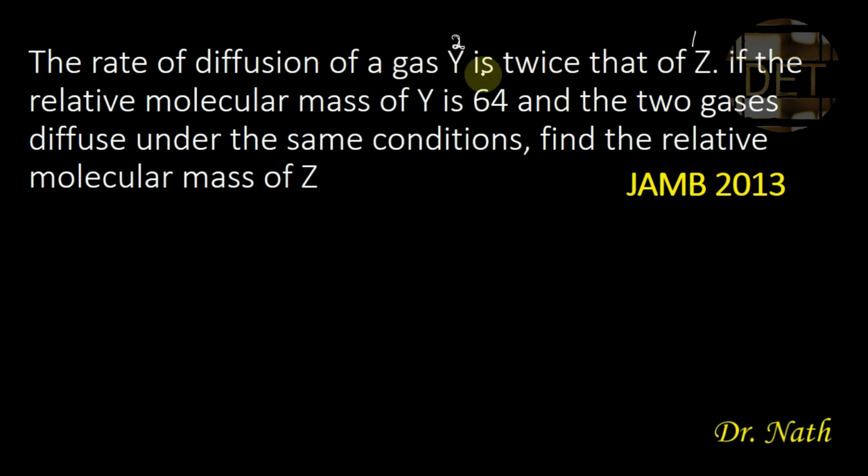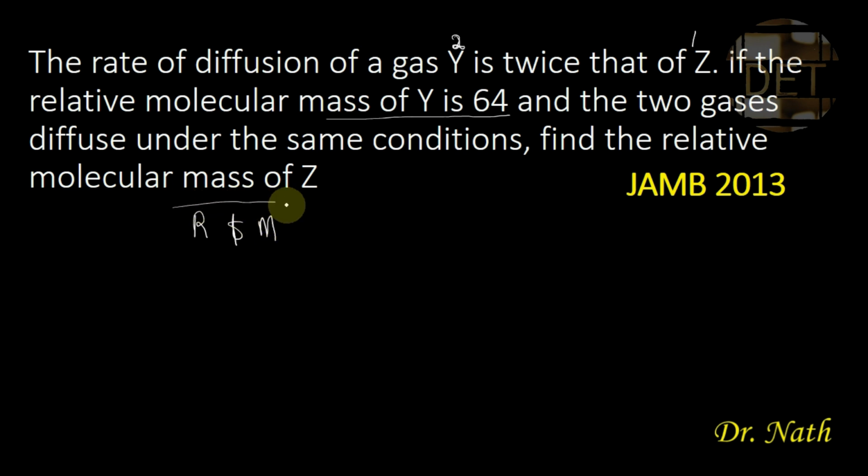So this is explainable even from our first example. So if the relative molecular mass of Y is 64 and the two gases diffuse under the same conditions, find the relative molecular mass of Z. If you look at this question very well, there are two parameters that are discussed here: the rate of diffusion of the gas and the relative molecular mass of the gas.